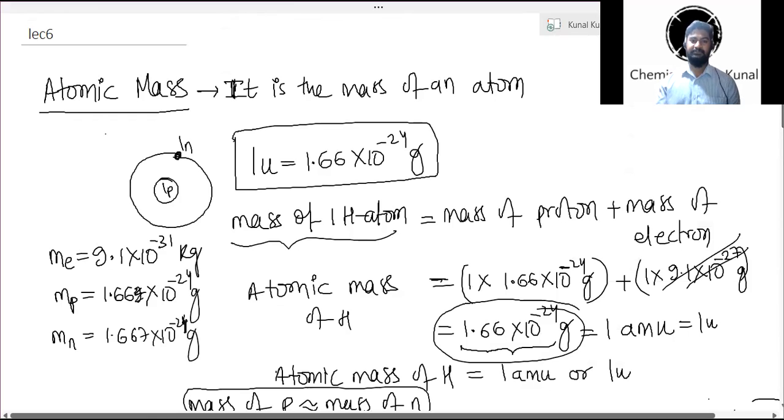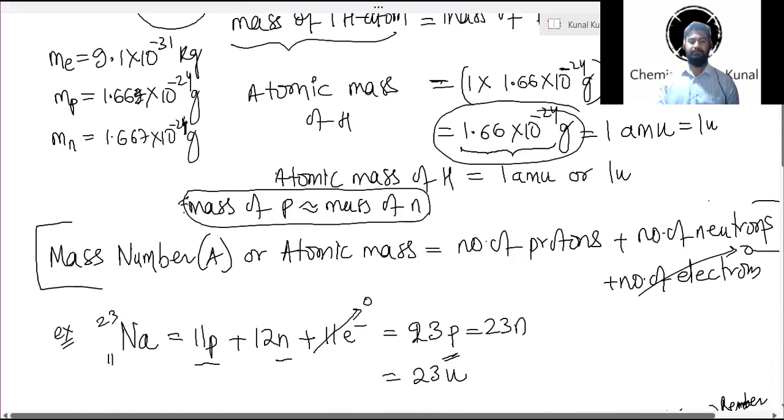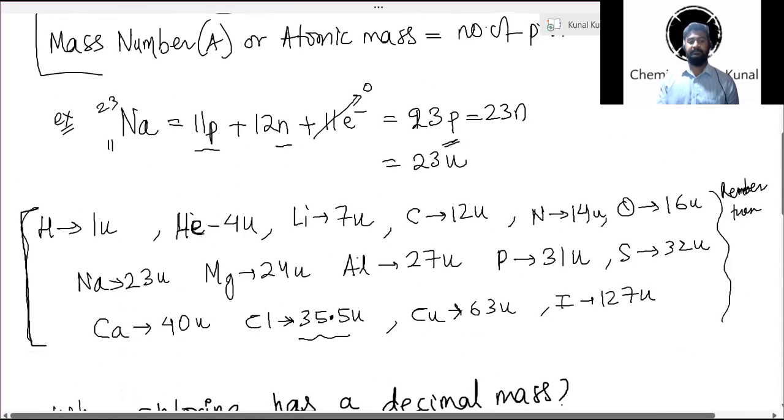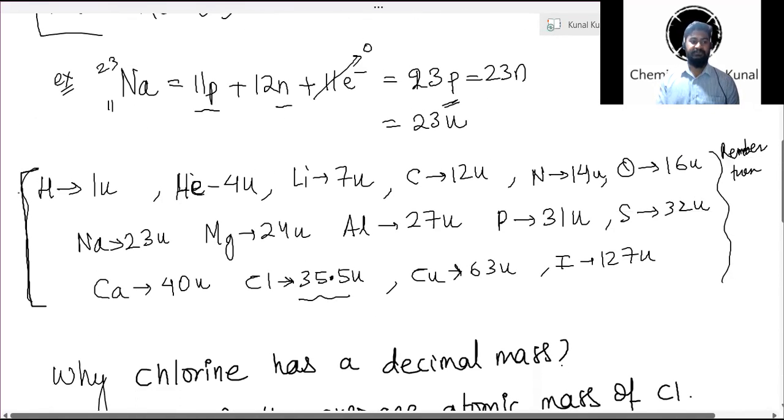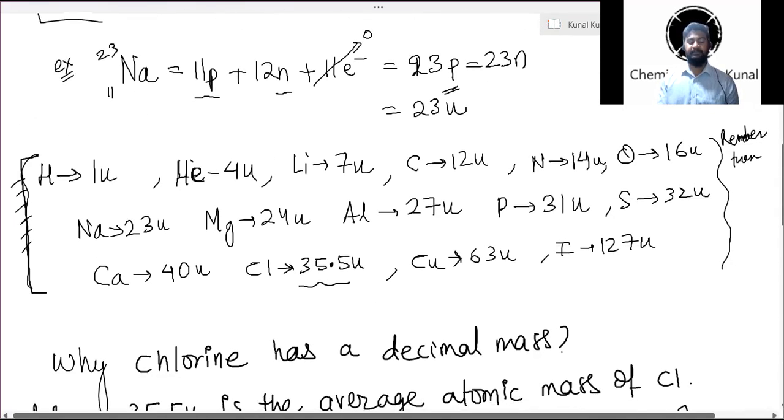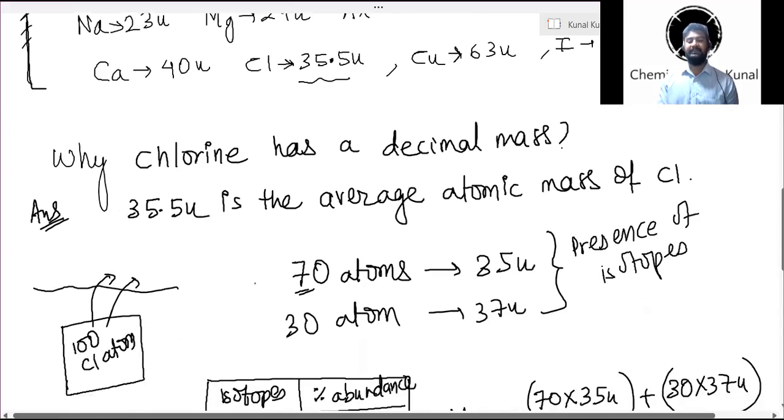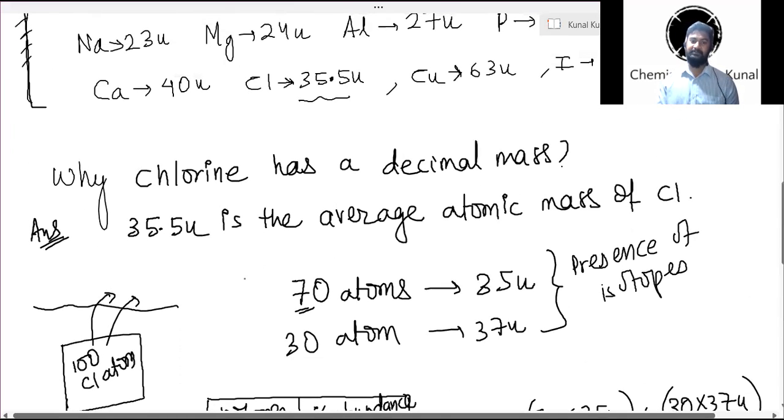So let's summarize all the things we discussed. Today we discussed the atomic mass concept. I told you what it is. Then I told you to remember this value. Then I told you that the mass of a proton is almost the same as the mass of a neutron. Mass number is nothing but protons plus neutrons. Then I told you to remember these values if possible. And then I told you why some elements have fractional masses.